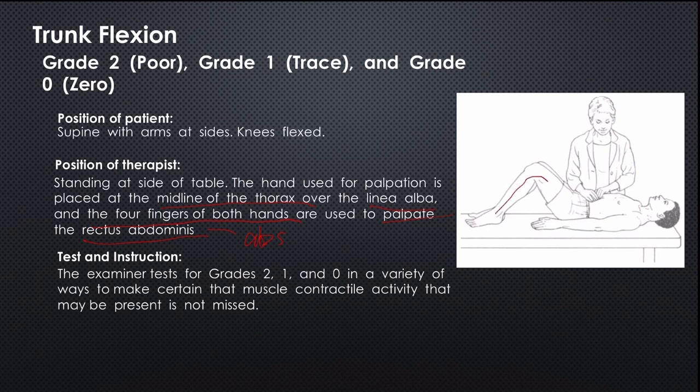In this position, it further decreases the resistance for the patient. If the patient cannot do it, however, but the therapist can palpate contraction, we can grade it as 1. But total no movement of the muscle or the trunk means that there is no grade, or 0 over 5, MMT grade for trunk flexion.